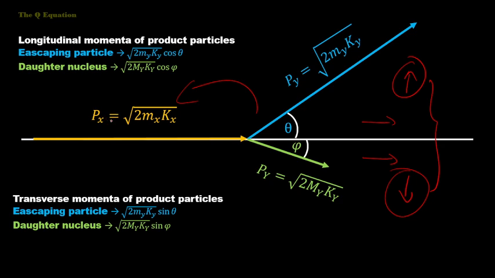So when the projectile has a minimum kinetic energy, in that situation these product particles will not have transverse velocity components but only the horizontal velocity component, or the product particles will continue to travel in the same direction as that of the projectile particle, with the angles theta and phi equal to 0.